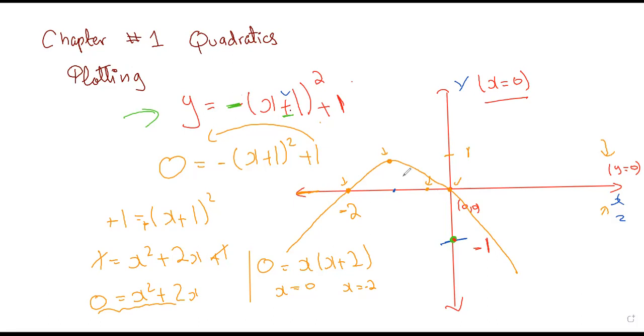Now when we have curves, okay, we need to know what the value is at the points where the curve passes through, right? So like this value and this value, these are two important values. Now we know that at this point and at this point, since this is the x-axis, y would be 0.